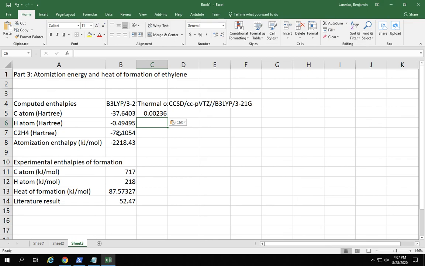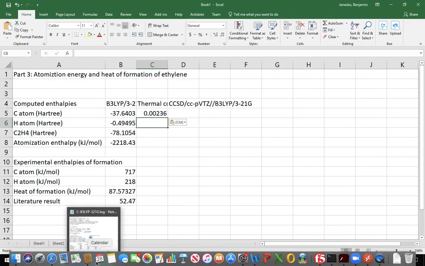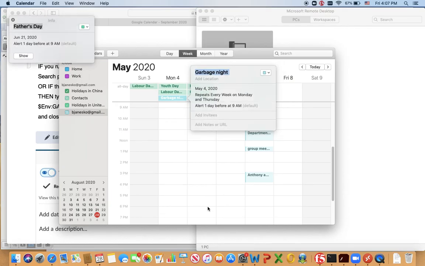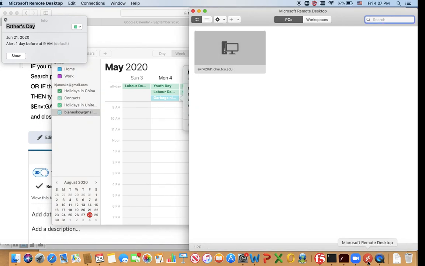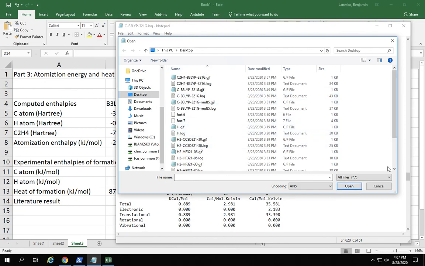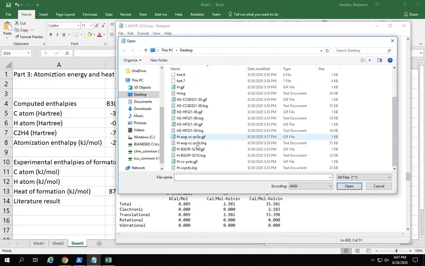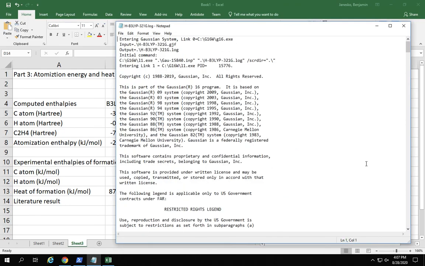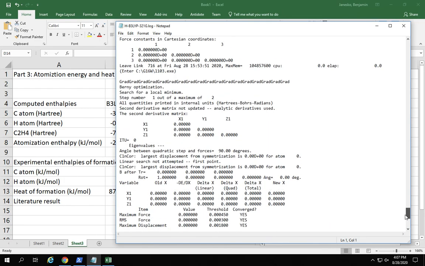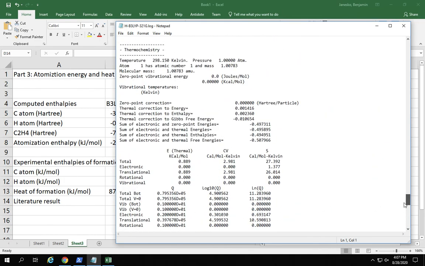For the hydrogen atom we have, my goodness, the thermal correction to enthalpy, which should be just PV plus some other fancy stuff, is the same number.